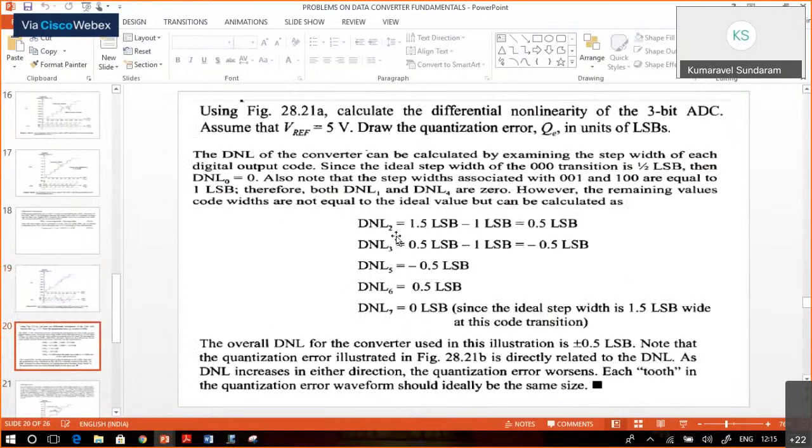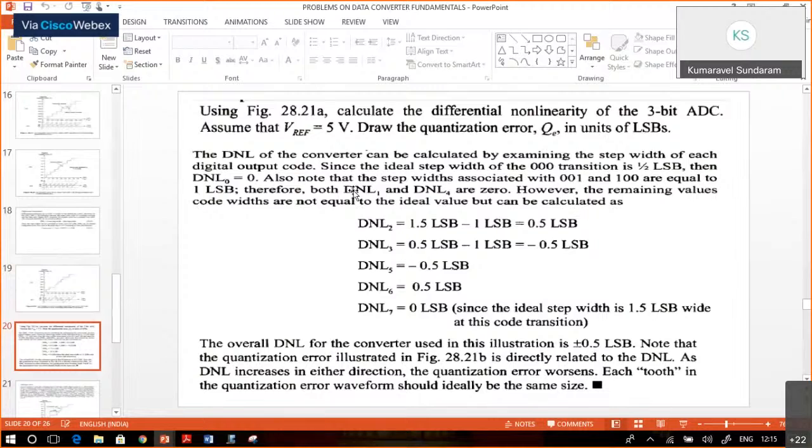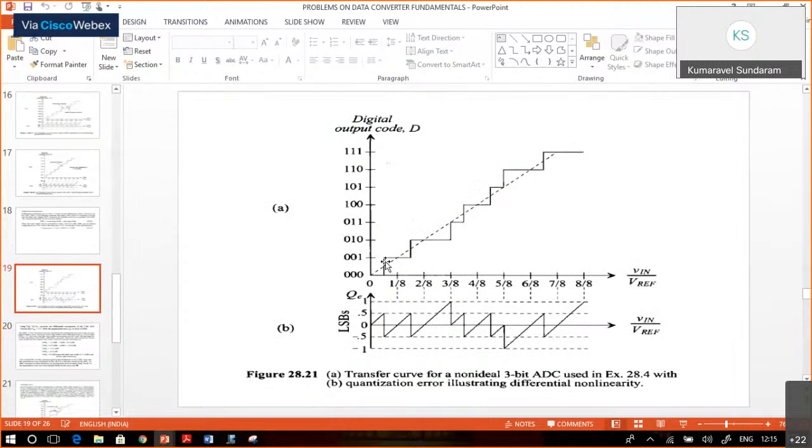So DNL of 0 is equal to 0, because it is 0 only. Also note that the step widths associated with 001 and 100 are equal to 1 LSB. For 001 and 100, this is equal to the ideal step width. Okay, the remaining step widths are unequal.